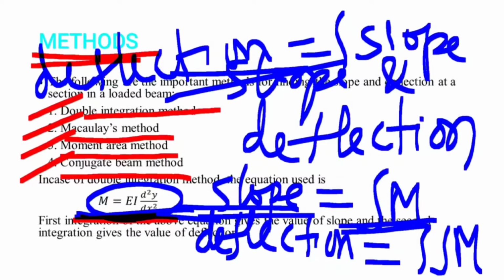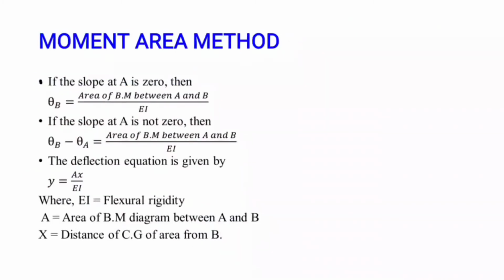Next we move to the moment area method. If the slope at A is 0, I give some conditions that are enough to solve the problems. No derivations are needed here.